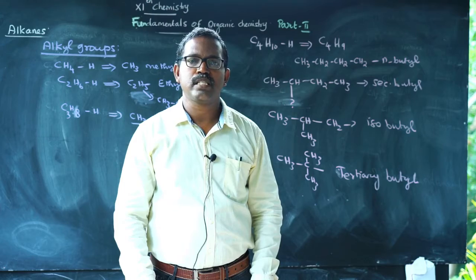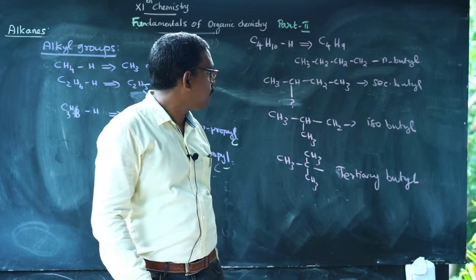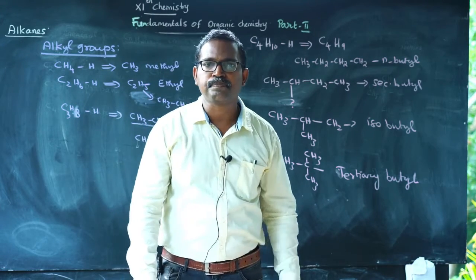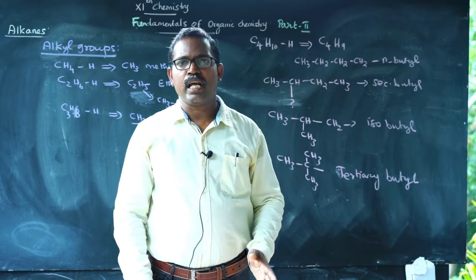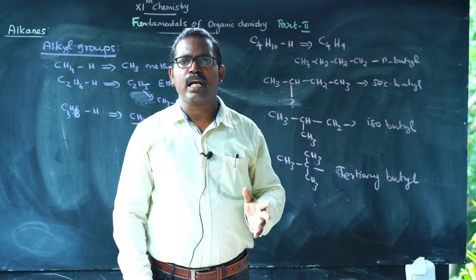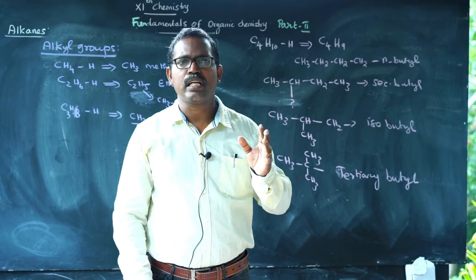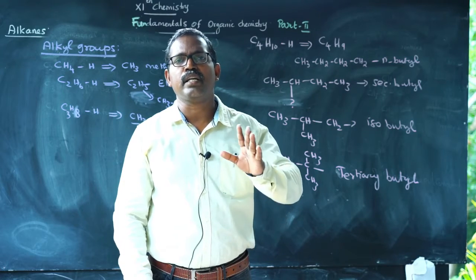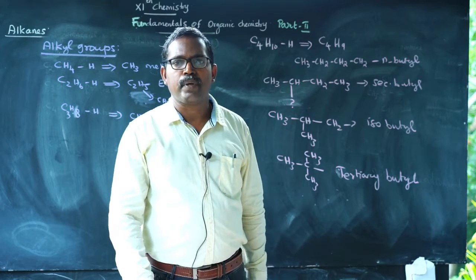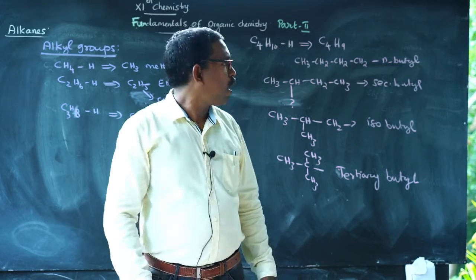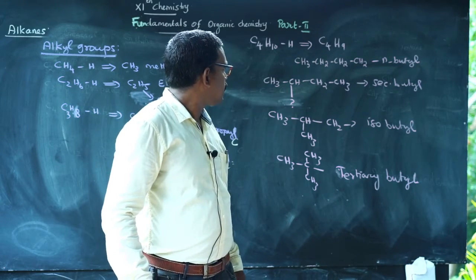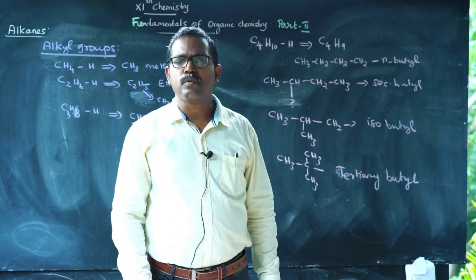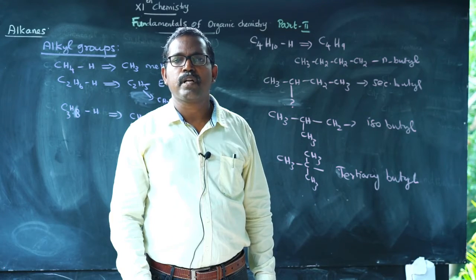The last one is neopentyl. So, totally 5 alkyl groups are possible: n-pentyl, secondary pentyl, isopentyl, tertiary pentyl and neopentyl.